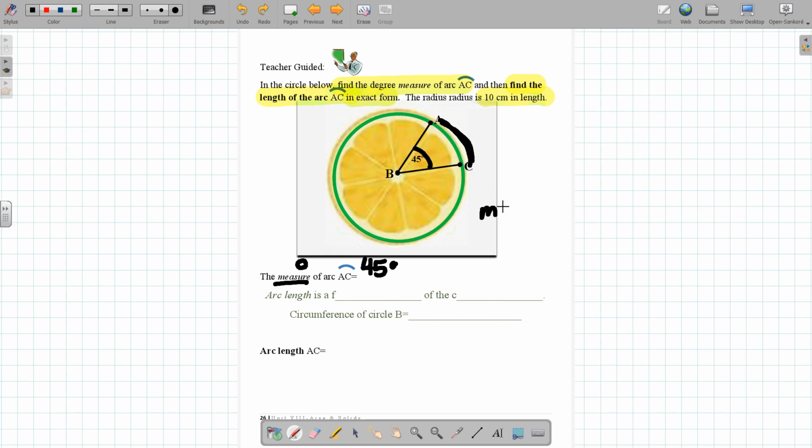A little m, AC equals 45. Measure of a central angle to its arc the same. Measure means degrees.